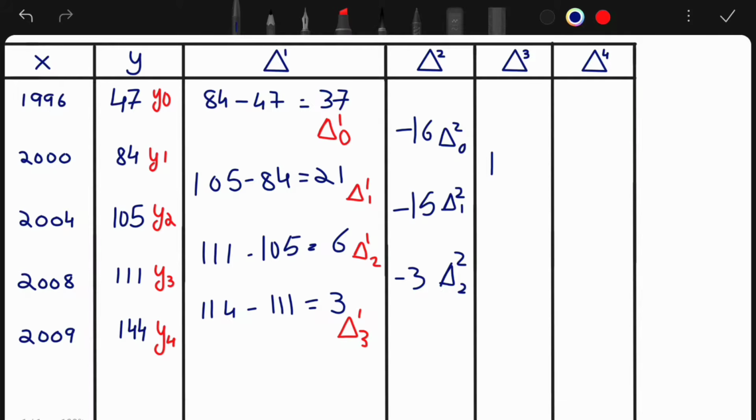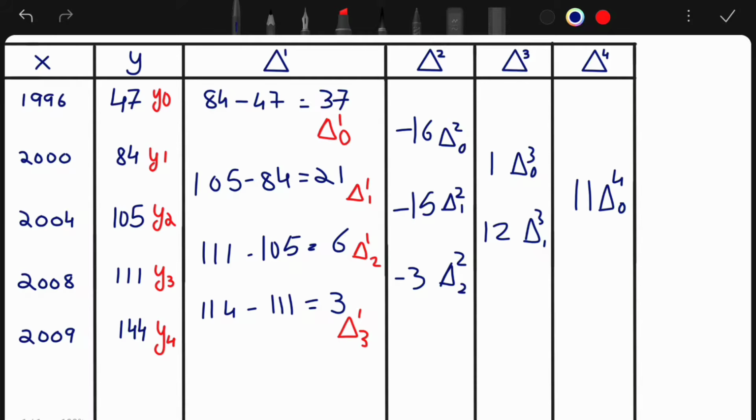Similarly, we do this for delta 3: minus 15 minus minus 16 is 1, and minus 3 minus minus 15 is 12. These are delta 0,3 and delta 1,3. Then here we get 11, which is delta 0,4.